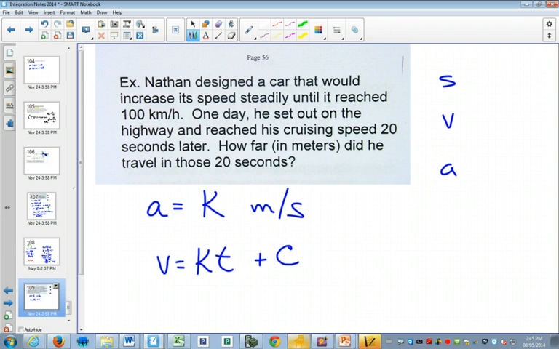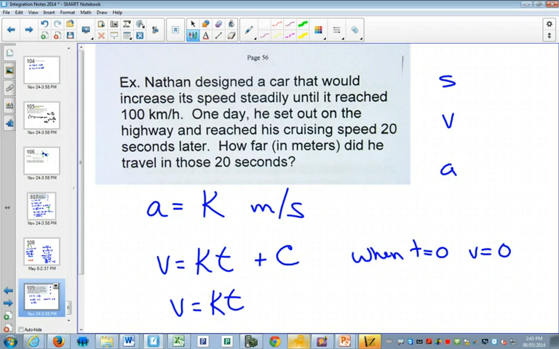Well, we can say what speed are you going when you're starting? When time is 0. When time is 0, your velocity is 0, because we're assuming it's going to increase its speed, so you're starting at 0. So then that would mean that our velocity is kt.